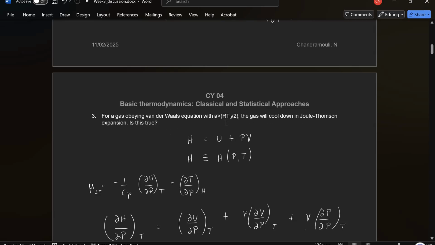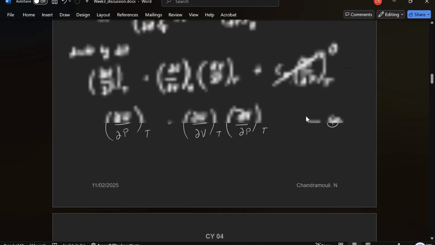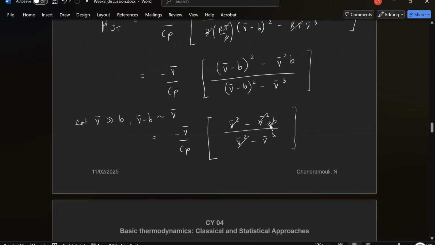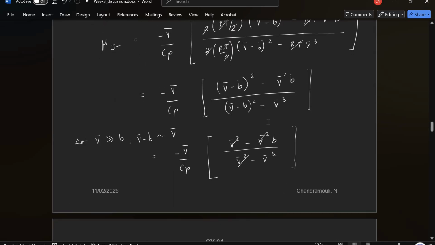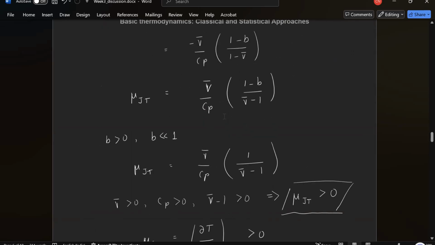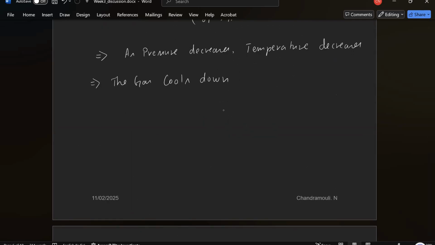The gas will cool down. So the statement is true. That's what we have calculated.